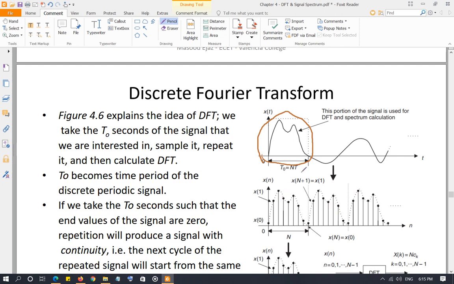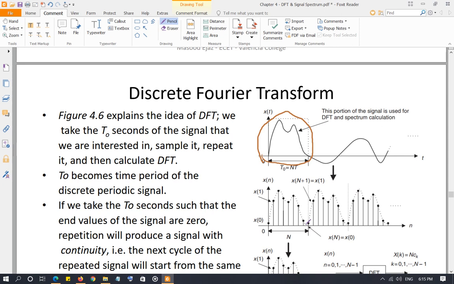We are going to sample the signal with some sampling frequency. Practically, of course, it has to be greater than the Nyquist rate. And then, once we sample the signal, we will have N samples in one period, and those N samples are going to give us the information about the frequency contents, N frequency contents in the frequency domain.